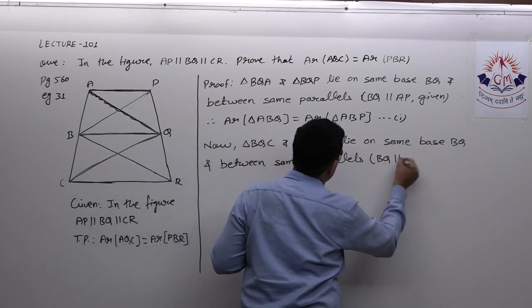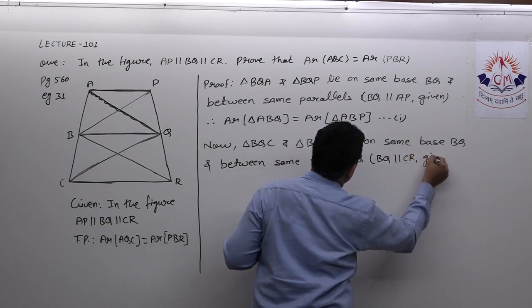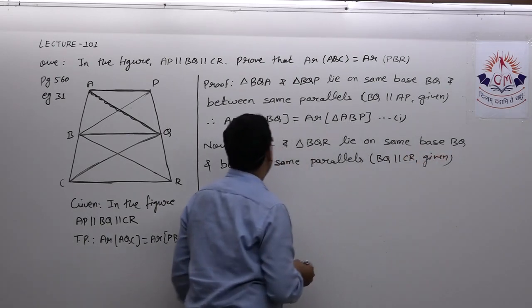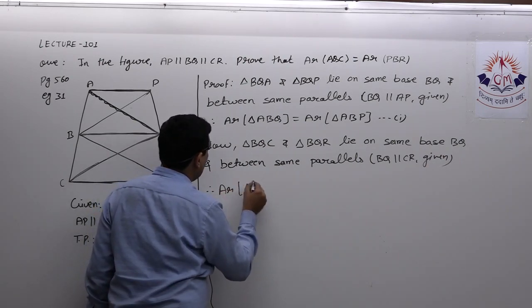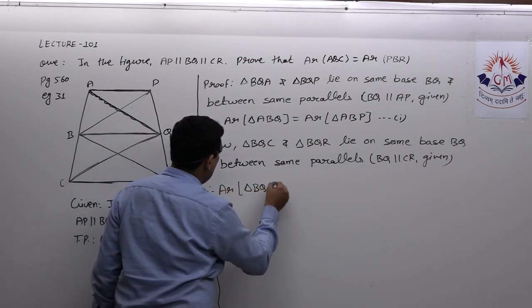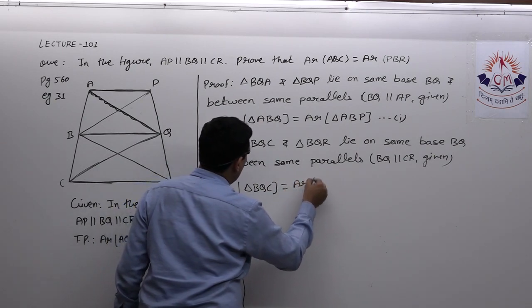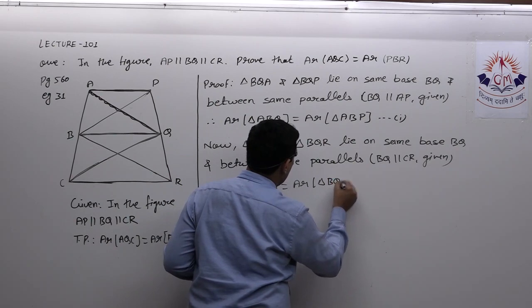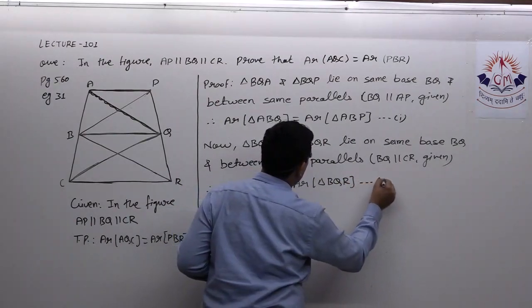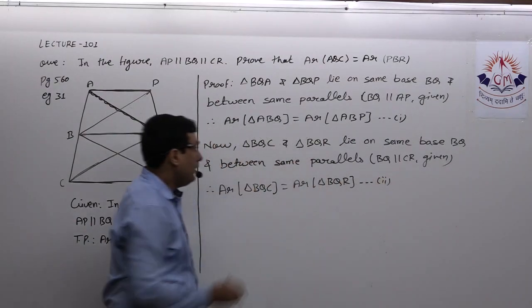BQ parallel CR is again given. Therefore I can say area of triangle BQC is equal to area of triangle BQR.